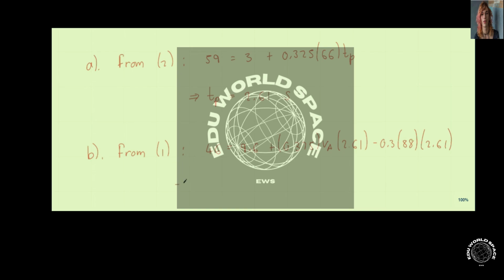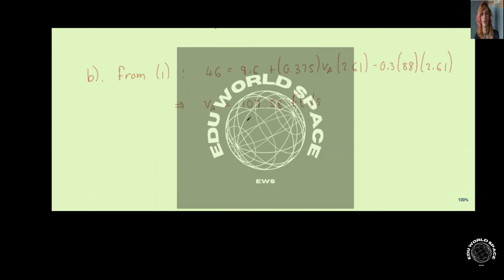If we rearrange this equation, we can find VA, the unknown velocity of car A, to be 107.58 feet per second. And so bringing it to a common unit of measurement, we get that the velocity of A is 73.3 miles per hour.